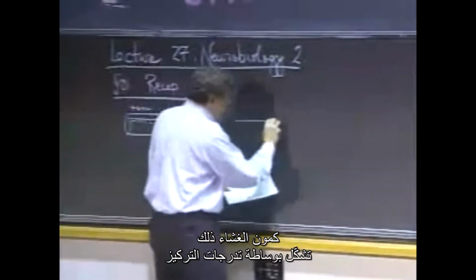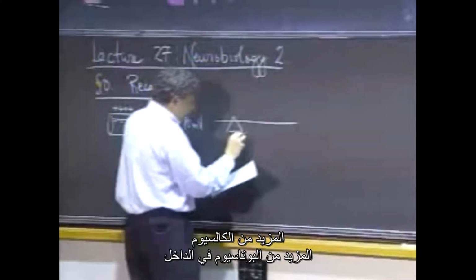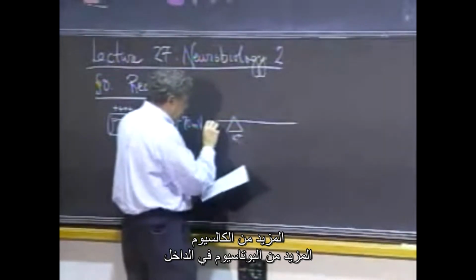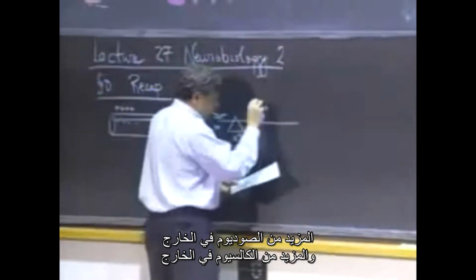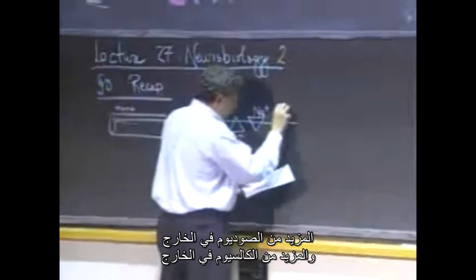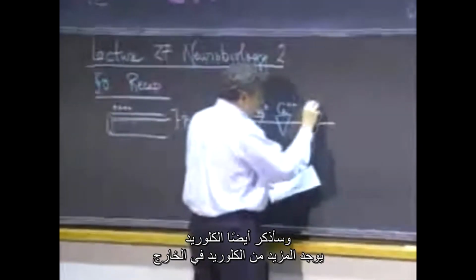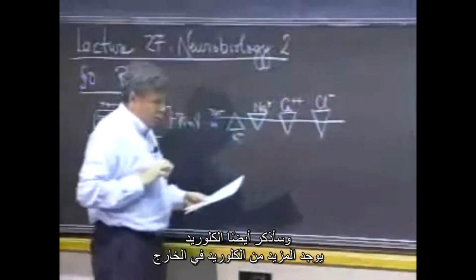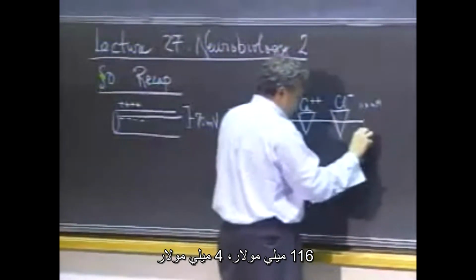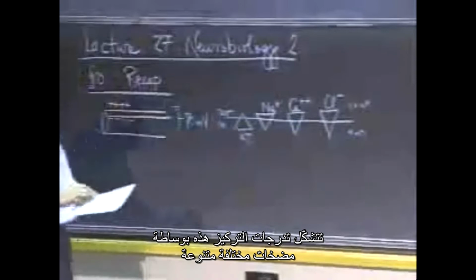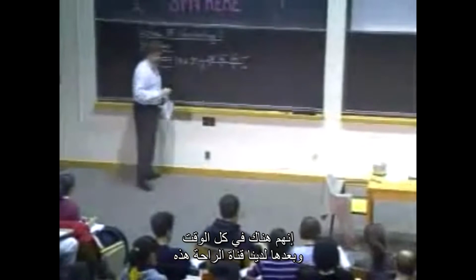That membrane potential is set up by concentration gradients, more potassium on the inside, more sodium on the outside, more calcium on the outside, and I'm also going to mention chloride. There's more chloride on the outside, about 116 millimolar, 4 millimolar on the inside. These concentration gradients are set up by various different pumps. They're there all the time.